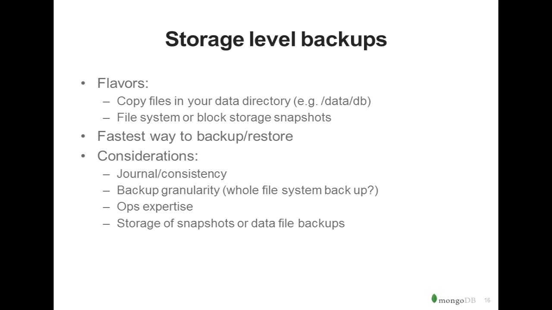Now, if the volume where you put the MongoDB data files supports point-in-time snapshots, then you can use those snapshots and create a backup to an exact point in time. For example, the EBS storage volumes in Amazon have support for snapshots for EC2.